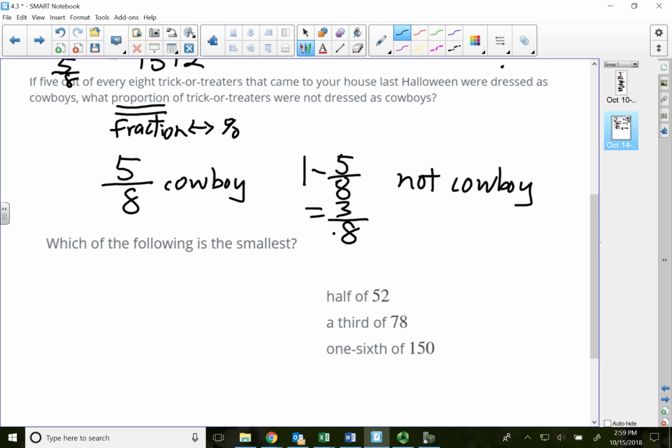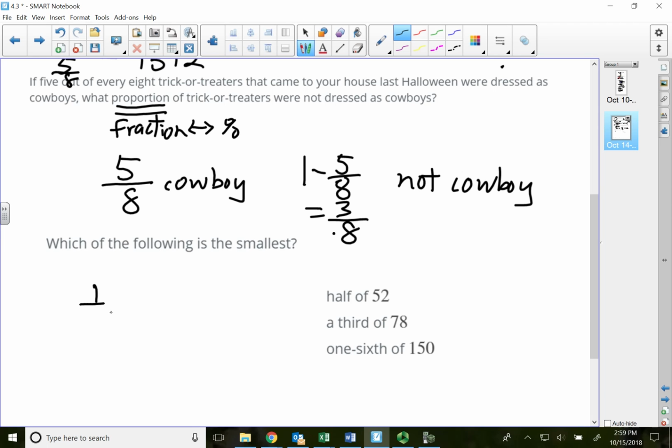Which of the following is the smallest? This is basically a fraction problem. Back in the word problem lecture video in test 1, I mentioned that the word of sometimes means multiplication. The word of means multiplication when we're dealing with fractions or percentages.